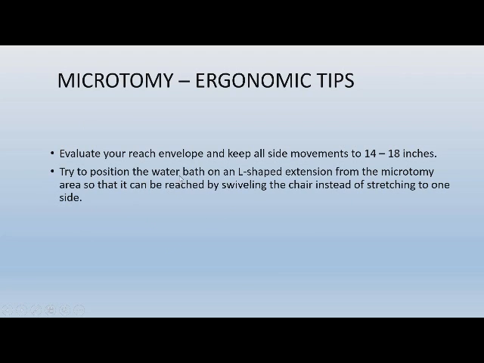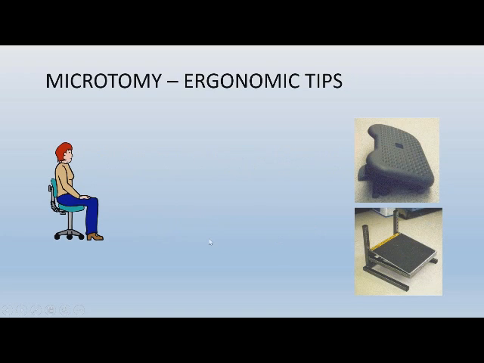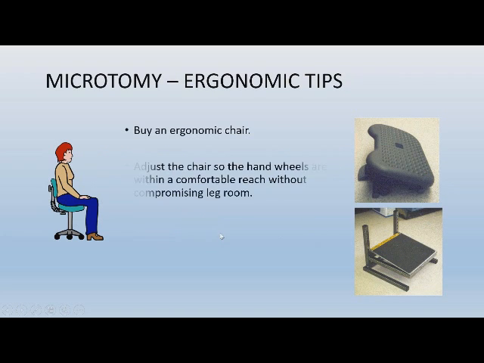Try to position the water bath on an L-shaped extension, something like this. I've been into some of the newer labs, and they're all converting to this. Imagine how wonderful it would be to get your section, turn your chair, and go to your water bath. I always was reaching over one way or the other and hurting my back. Buy an ergonomic chair.